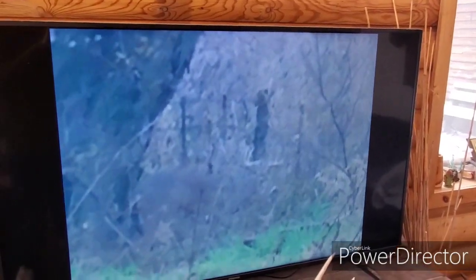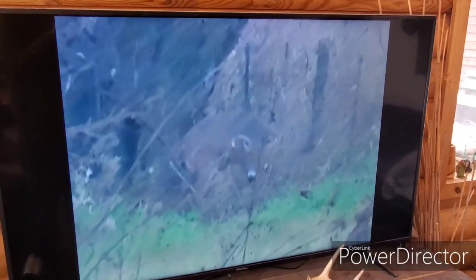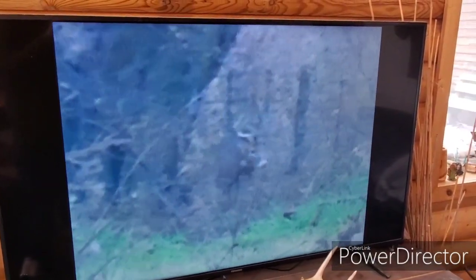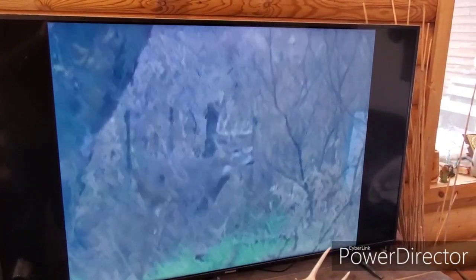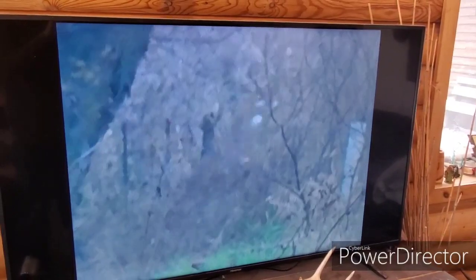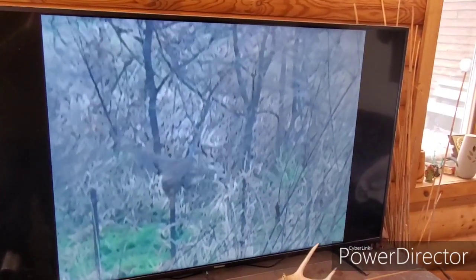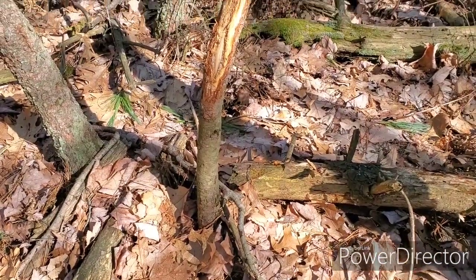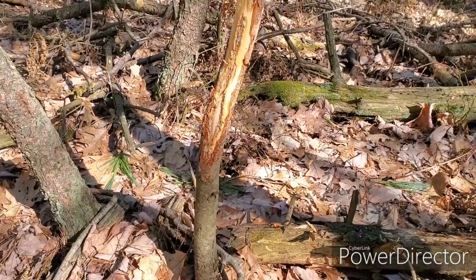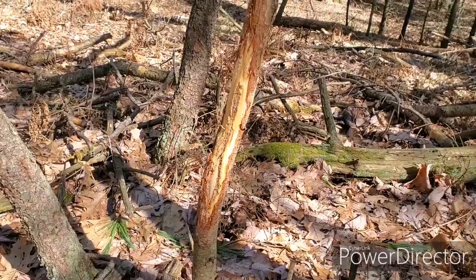Let's say you were successful early season and that other mature buck has moved in, and you're getting a bunch of dark pictures, after-dark pictures, and you're really wanting to know who's in there, where he's at, so you think you are aiding your efforts to harvest that buck.